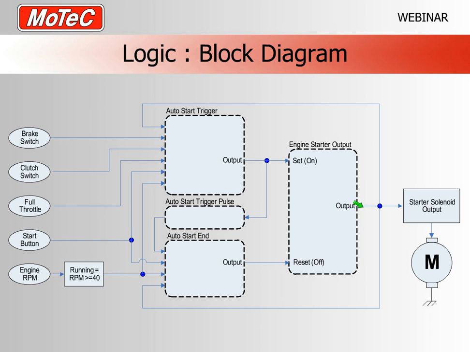Okay, and then the final output, of course, is from the output of our PDM driver. We go to our starter solenoid and, of course, to our starter motor. So these dotted line blocks are the ones we're going to construct in the PDM, and these circled input devices here are the ones we're going to set up as our PDM inputs.